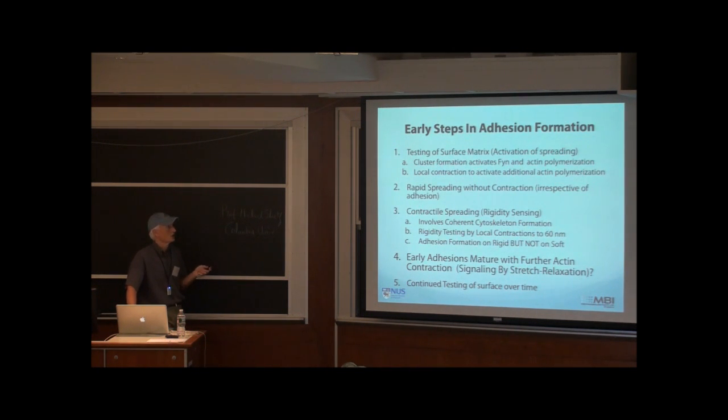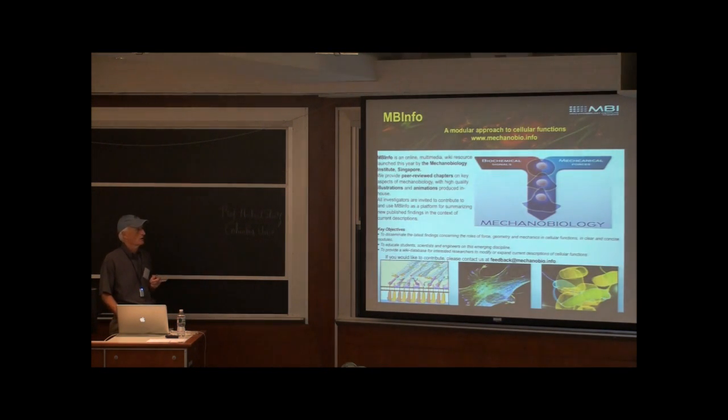So what I've tried to tell you today is that the process of adhesion formation involves a series of if-then questions that the cell asks of that substrate. And dependent upon the answers to those questions, you will or will not develop adhesions, and then you will test those adhesions or develop a signal from those adhesions through the stretching and relaxation of talin.